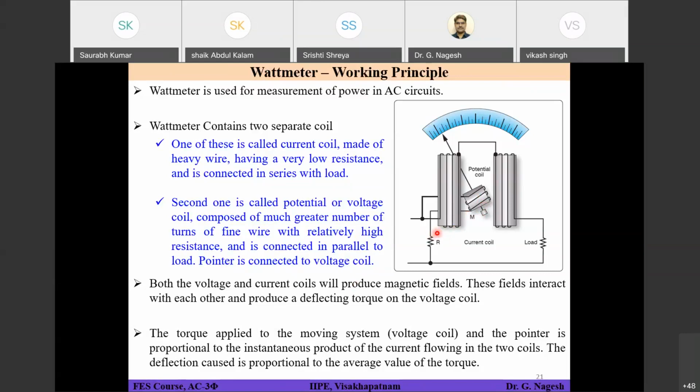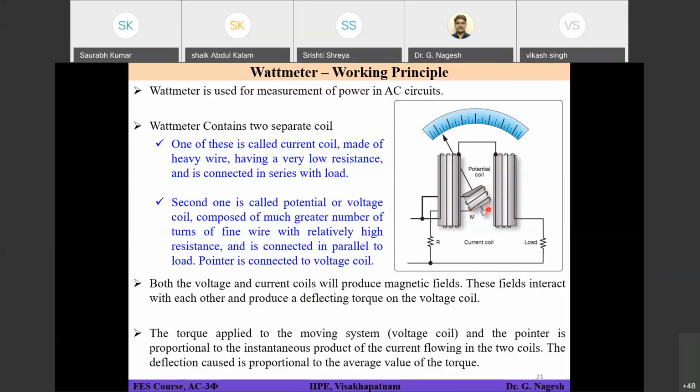Both the voltage and current coils will produce magnetic fields, obviously, when current is flowing. These fields will interact with each other and produce a deflecting torque on the voltage coil. That means these current coils are fixed to the frame or body of your wattmeter.